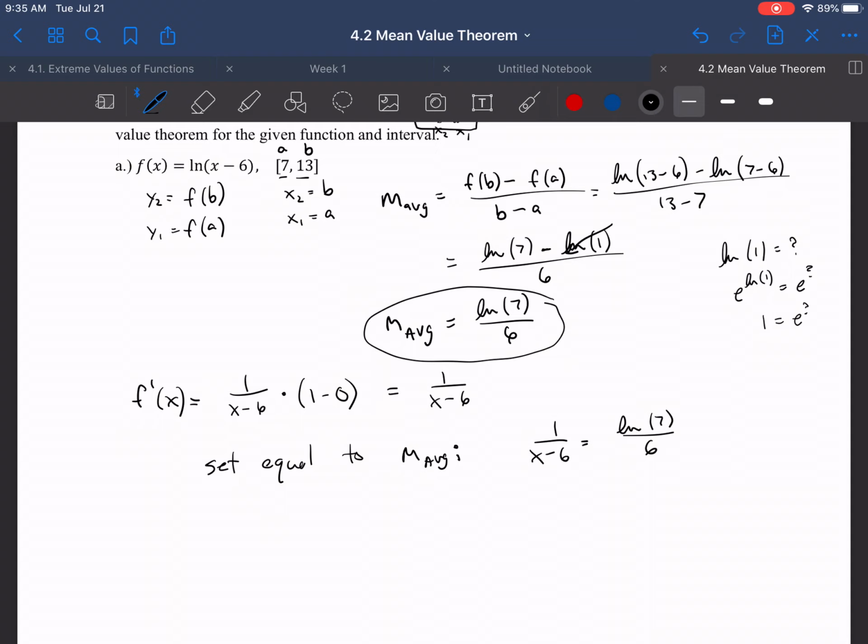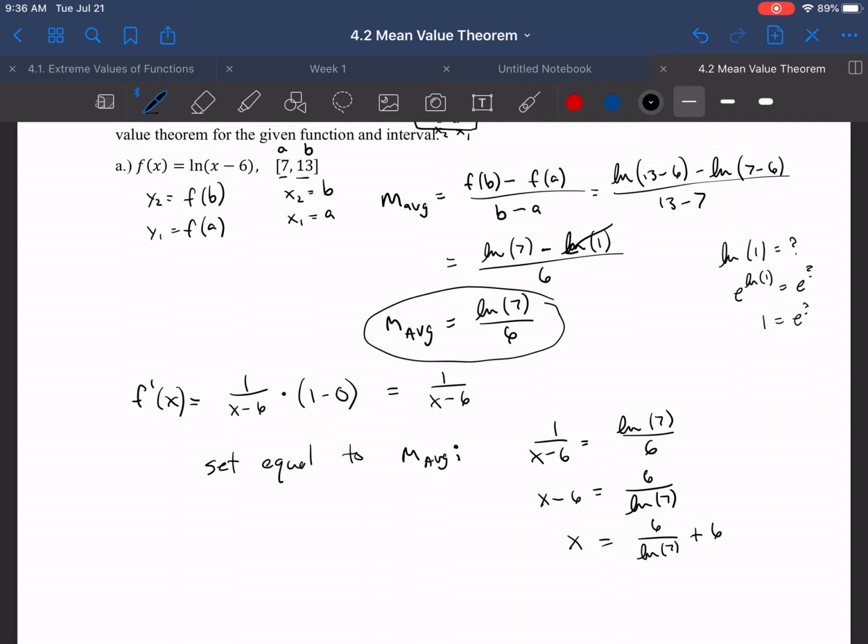And we just have to solve then for what x is. So first thing we can do is take the reciprocal of both sides. That gives us x minus 6 on the left. Really, it's x minus 6 over 1, but we don't usually write over 1. And this becomes 6 over the natural log of 7. And then I just add 6 to both sides. This becomes 6 over the natural log of 7 plus 6.